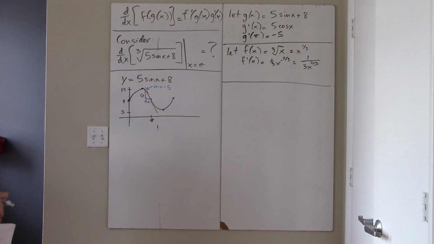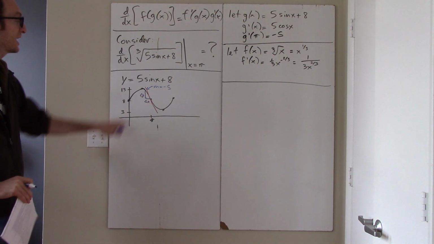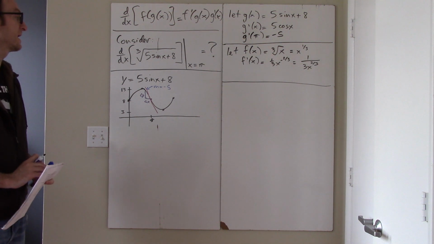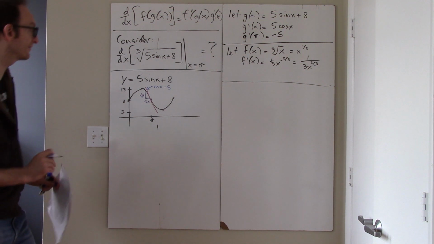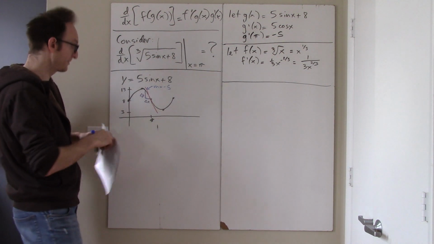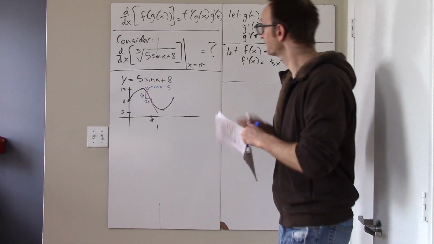And by saying that the slope of the tangent line to the curve there is -5, what we really mean is that the ratio between the change in the function and the change in the input near x equals pi is -5.